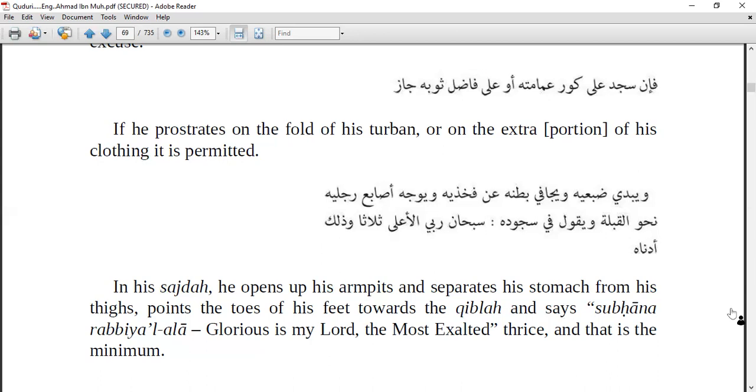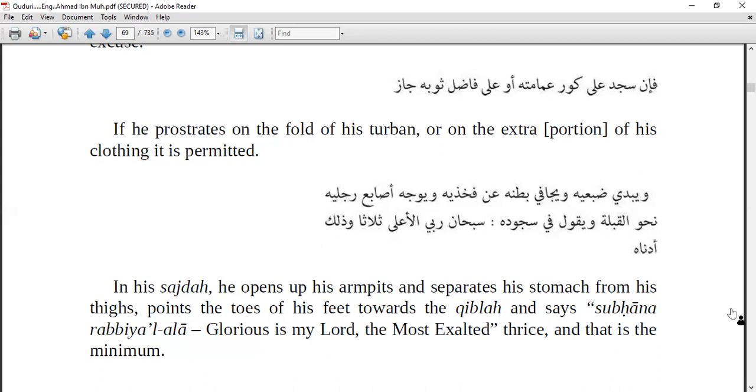And they won't have their toes pointing towards the Qibla. I mean, they won't erect their feet on the ground, but actually lay them towards the side. Both of the feet will go towards the right side of their body.